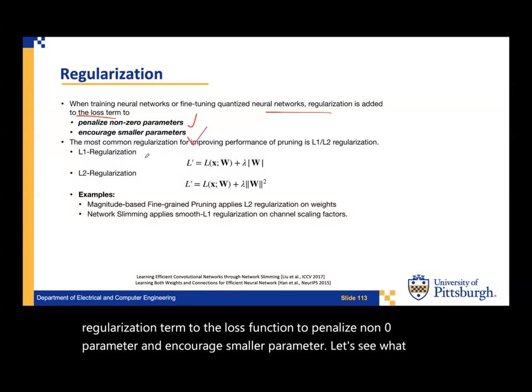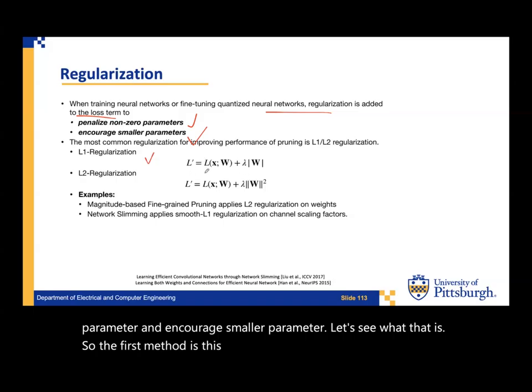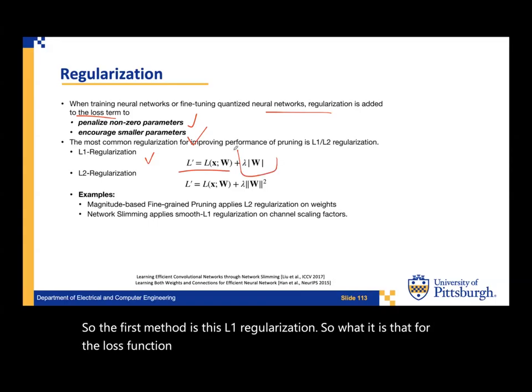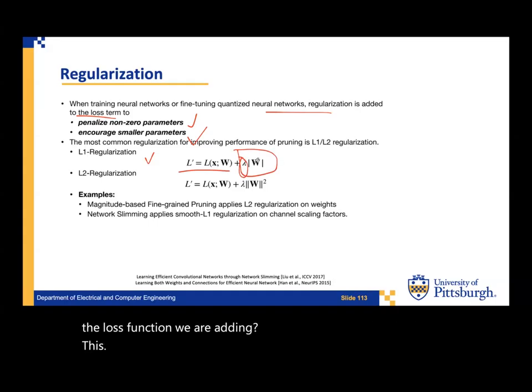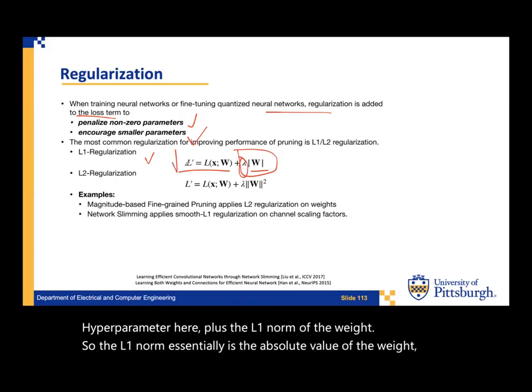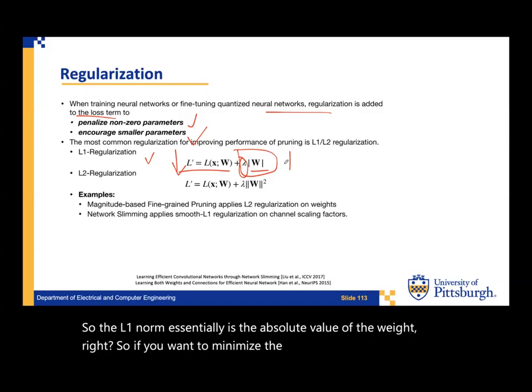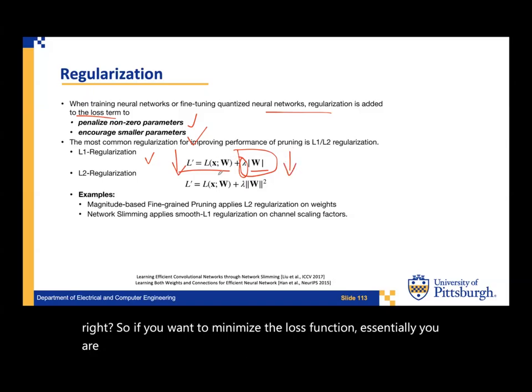So the first method is L1 regularization. For the loss function, we are adding this hyperparameter times the L1 norm of the weight. The L1 norm is essentially the absolute value of the weight, right? If you want to minimize the loss function, you have to minimize both.